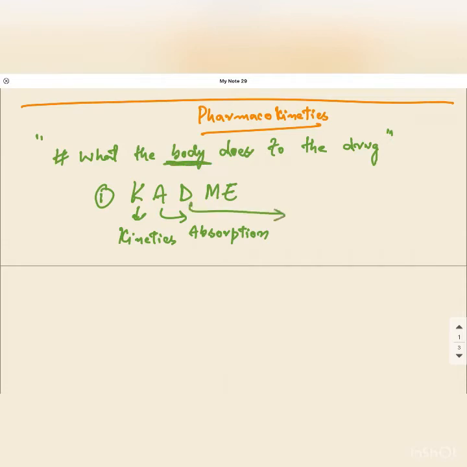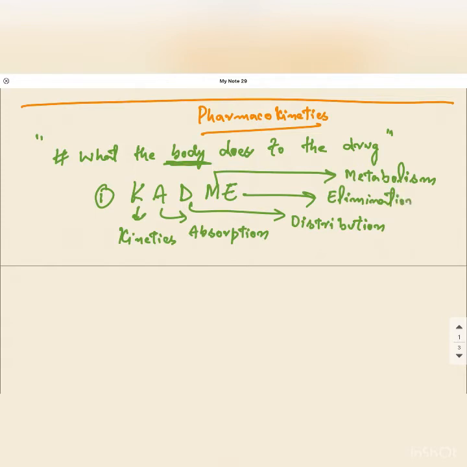D stands for distribution, how the drug is distributed by the body, in what tissues, and M stands for metabolism, like where does the drug get metabolized. We know the liver is the major site, we will discuss that later on. And E is elimination, how the body gets rid of these drugs after their successful action.